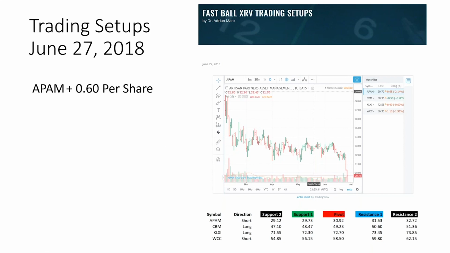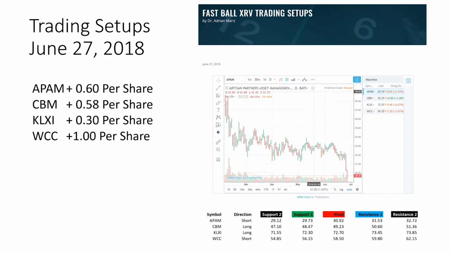The target on that one was down to $29.73 because that was the first support, and it was a short. CBM, 58 cents per share, same kind of thing. We got into it, and your target is going to be your first support, or on a long side trade, your first resistance. KLXI was 30 cents per share, and WCC wound up being $1 per share.